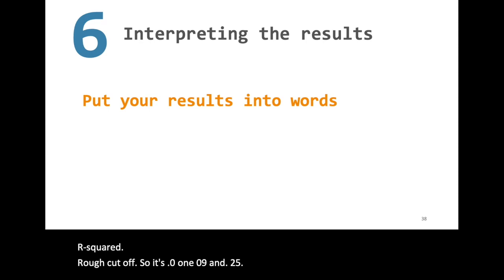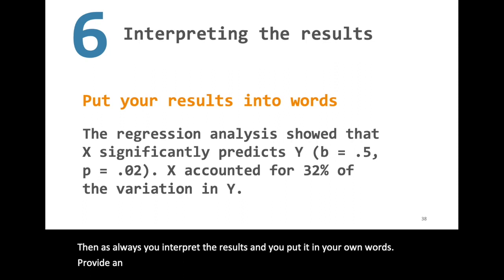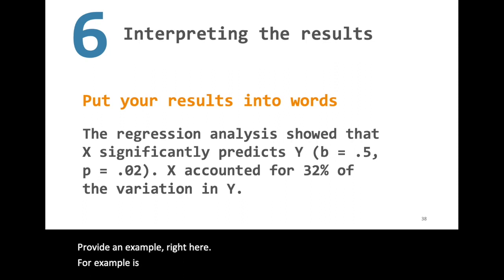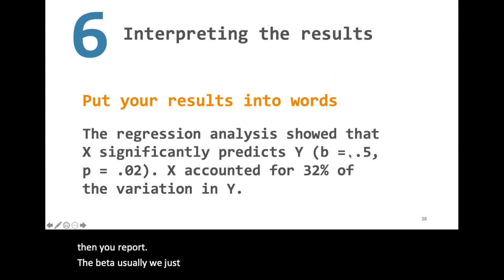And then, as always, you interpret the results and you put it in your own words. Provide an example right here. The example is the regression analysis showed that x significantly predicts y, and then you report the beta. Usually we just put b in the text, so b equals 0.5, p equals 0.02.